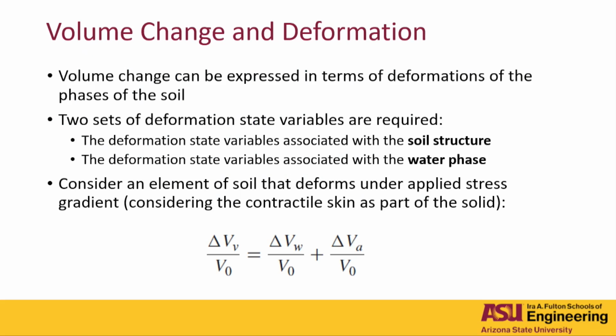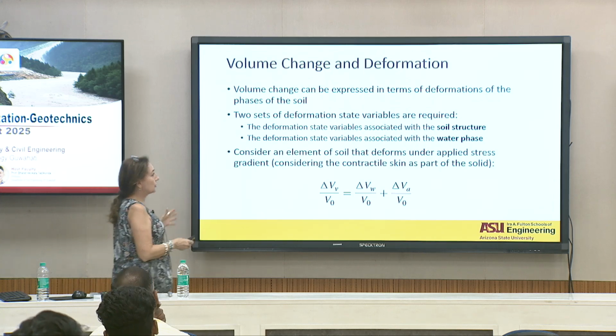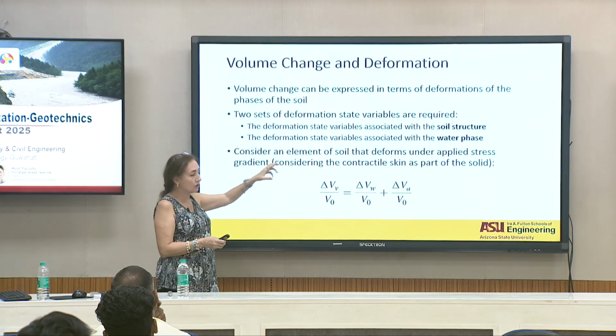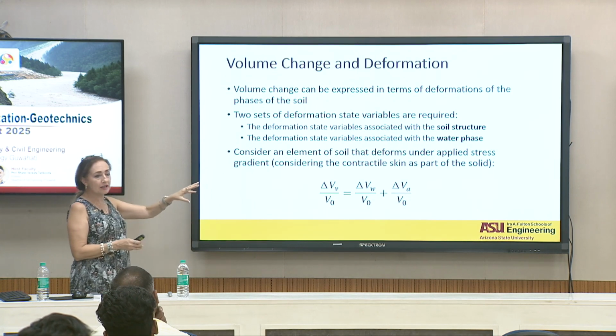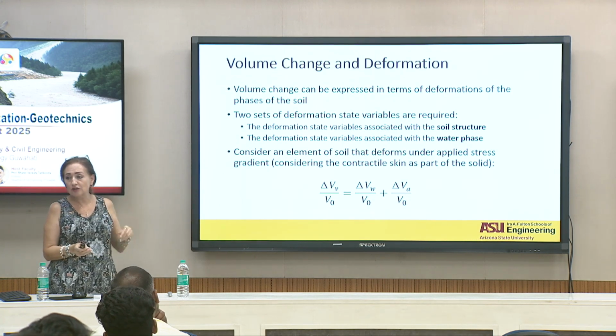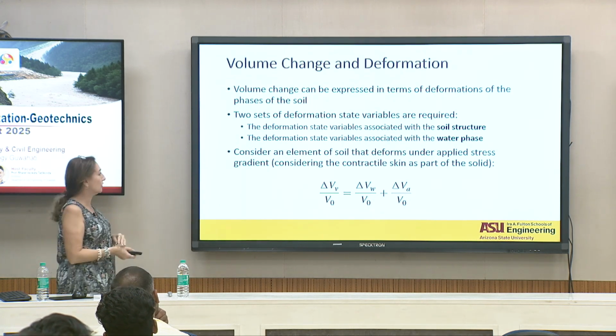So volume change can be expressed in terms of deformations of phases of the soil, and again, we can use different phases. The two sets of deformation stress variables that are required are the deformation state variables associated with the soil structure, and those associated with the water phase, the two of them.